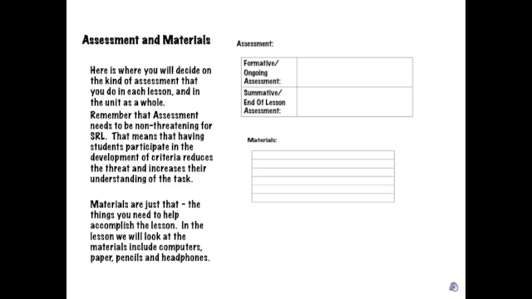It reduces the threat, but it also increases task understanding, which is really important in SRL. Materials are just that. They're the things you need to help you accomplish the lessons. Things like computers, papers, pencils, textbooks, stories, whatever it is that you need to get the lesson done.